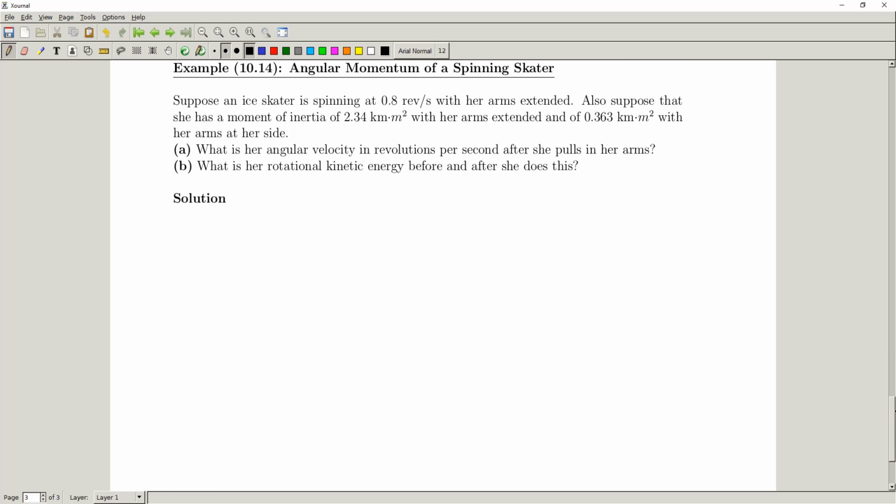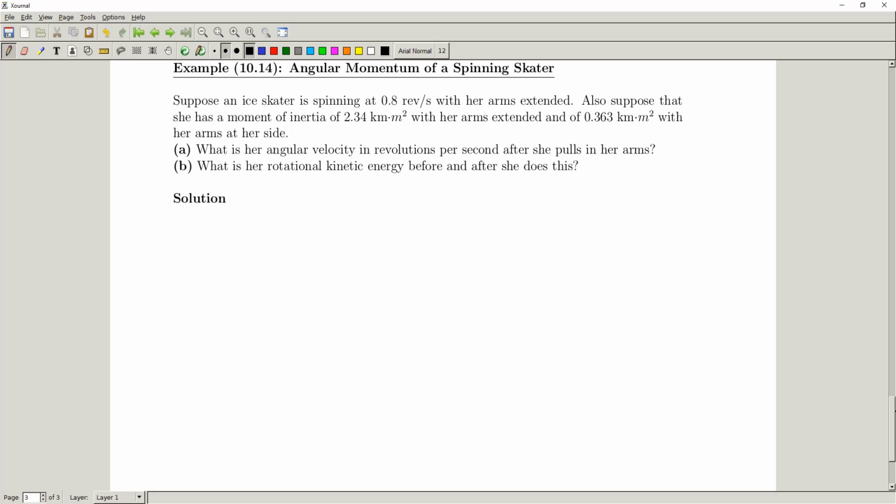Okay, so I think I have numbers. I do. Okay, so suppose we have an ice skater that is spinning at 0.8 revolutions per second with her arms extended, so standing in a T position with her arms out.